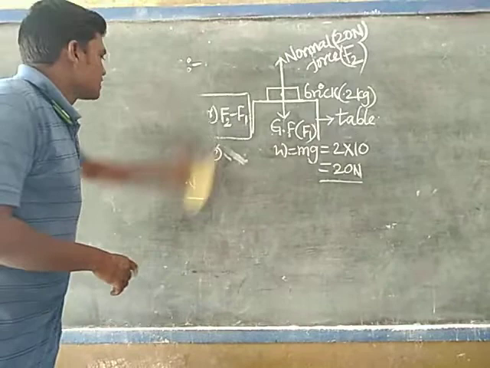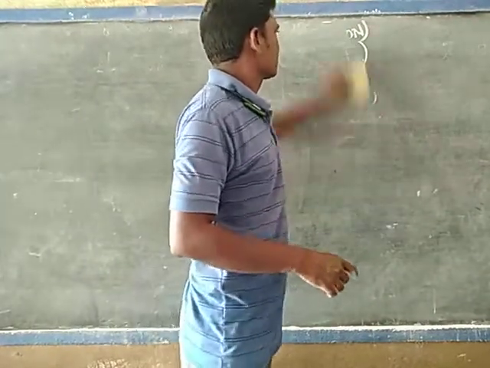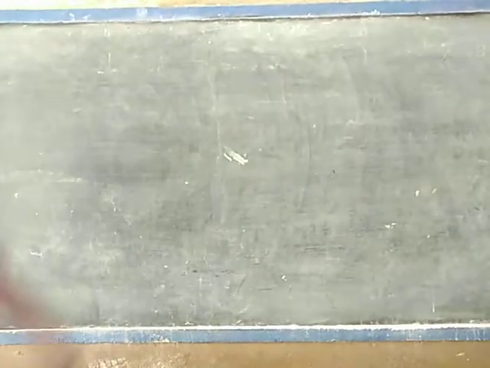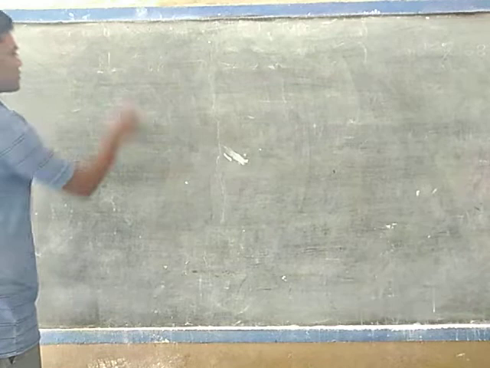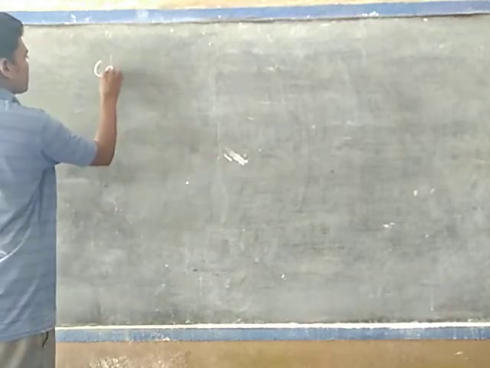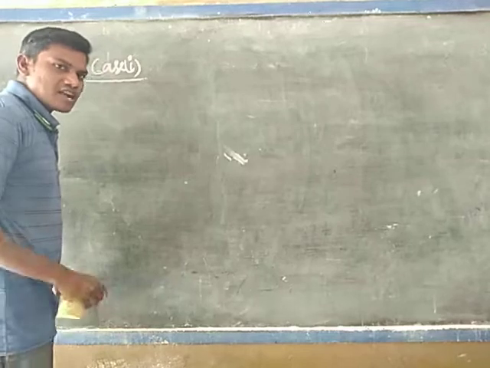Now we will discuss some more examples in this case. Same net force concept, some numericals and some concepts we discuss here. Case 1, for example. So what is case 1?